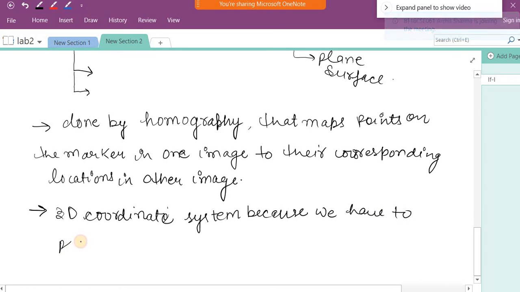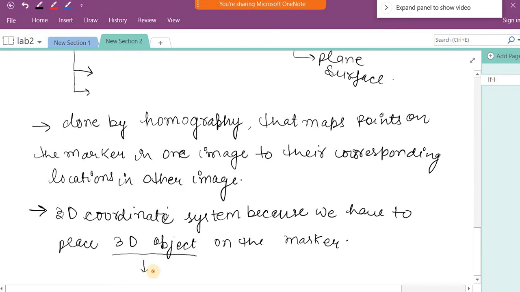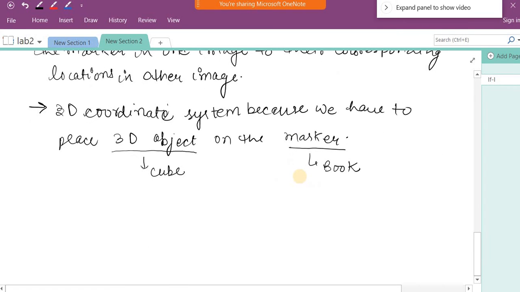In my example, my 3D object will be a cube and the marker will be a book. So actually I have positioned a cube in front of the book.